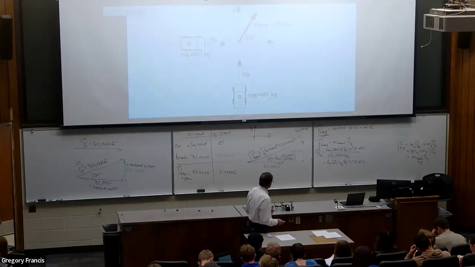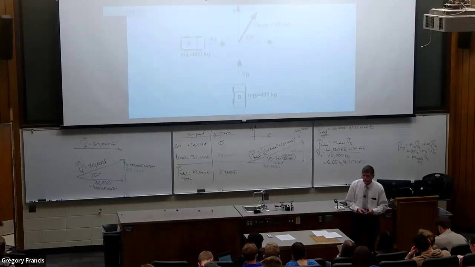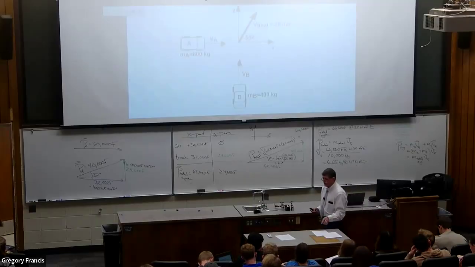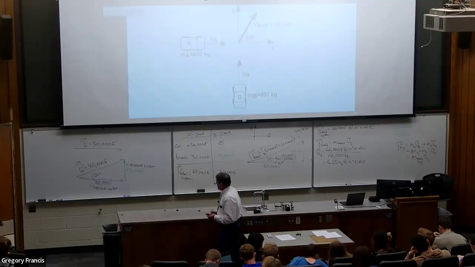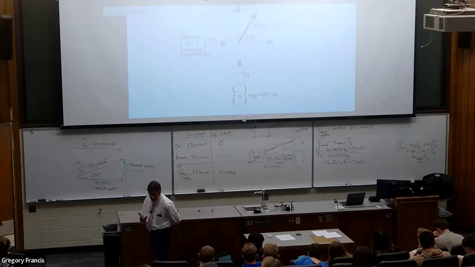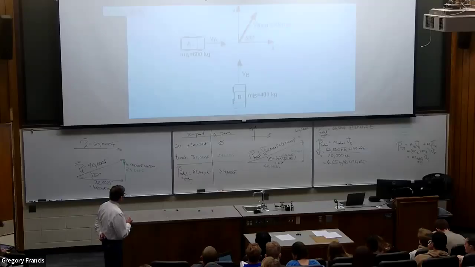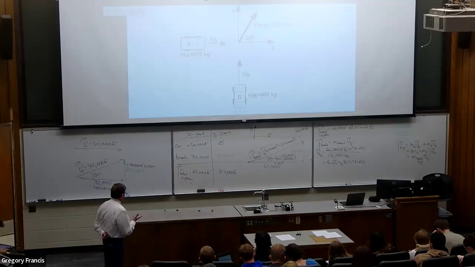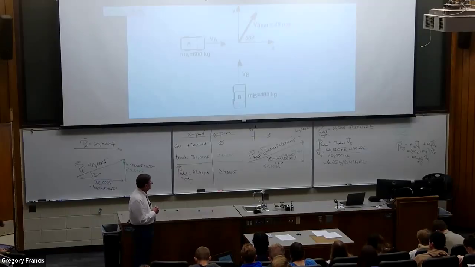In this problem, we're told that there's a collision between two vehicles at an intersection. Vehicle A is an SUV. It has a mass of 600 kilograms, and it's going due east. Vehicle B is a sedan. It has a mass of 400 kilograms, and it's going at some speed we don't know, due north.